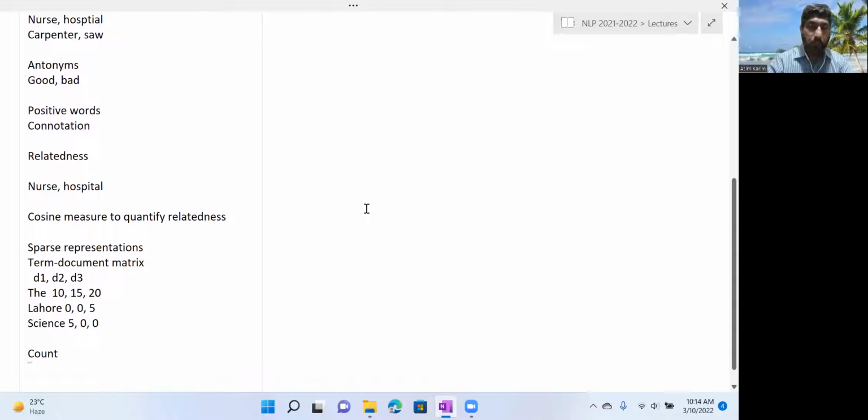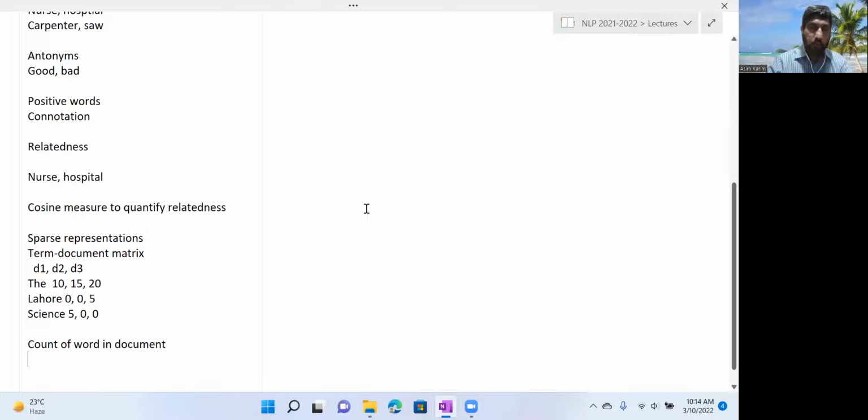Sometimes in NLP, we also call it frequency, but I like to call it count because frequency sometimes may mean that it's normalized. So it is the count of a word in a document. Okay, that is the weight or the measure or the quantity that's used in the matrix.